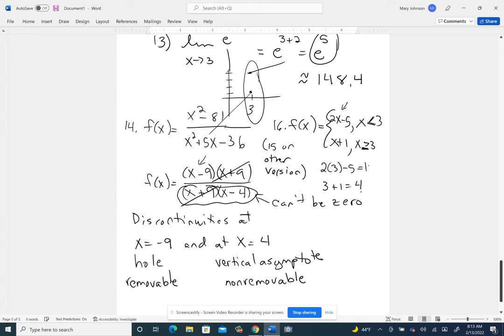And it's defined here, and it's an open circle there. But the thing was, they weren't overlapping. You didn't have the same value there. So you would have to lift your pencil in order to draw it. So that's at 3. So at x equals 3, there is a non-removable discontinuity.